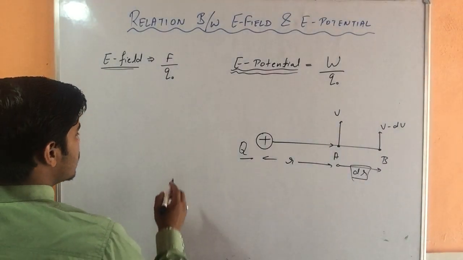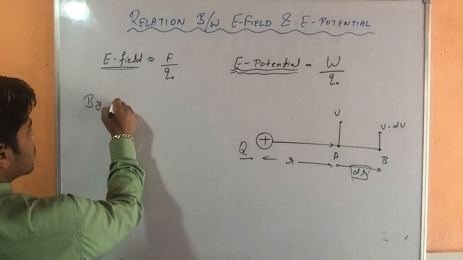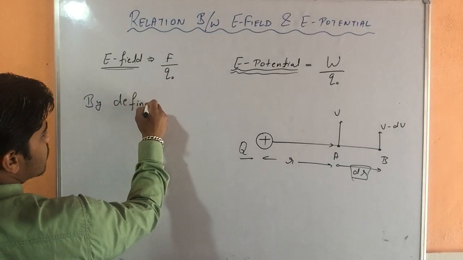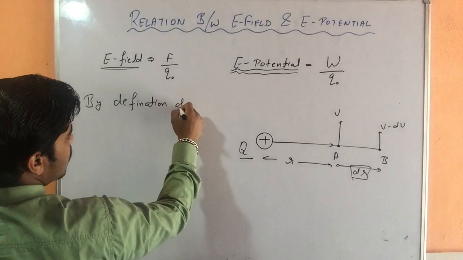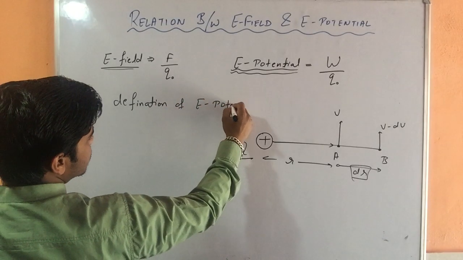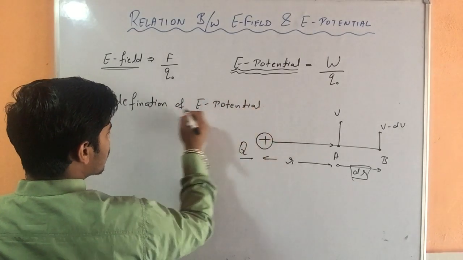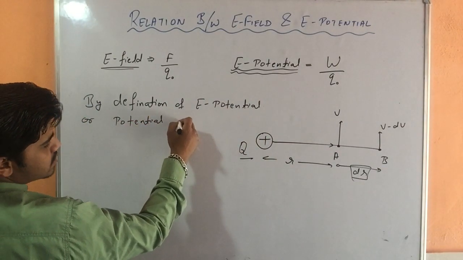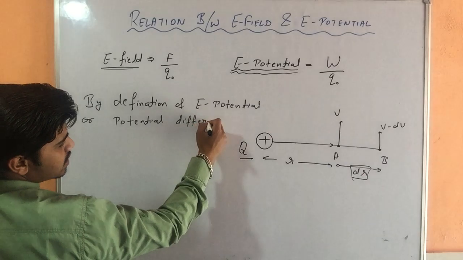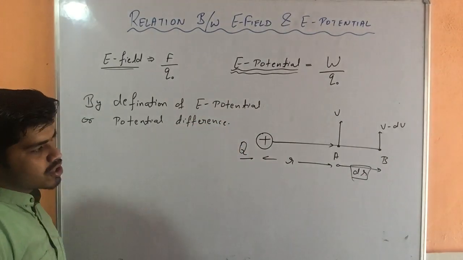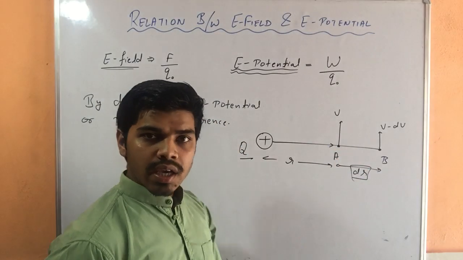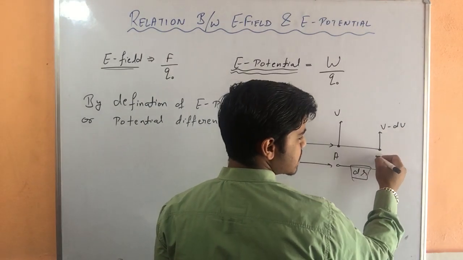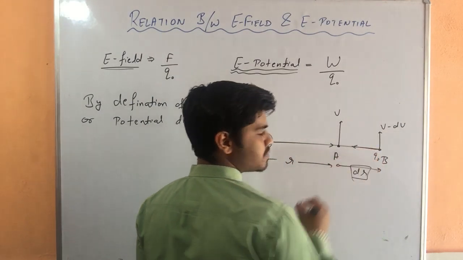So students, by definition of electric potential or potential difference, what is the potential difference between A and B if we displace a test charge from B to A?